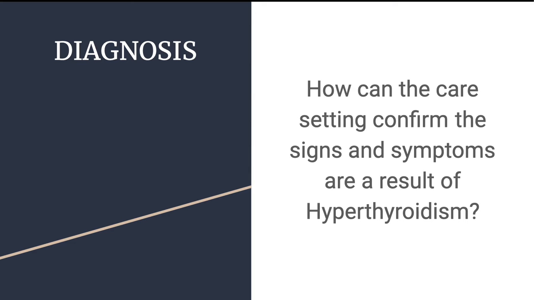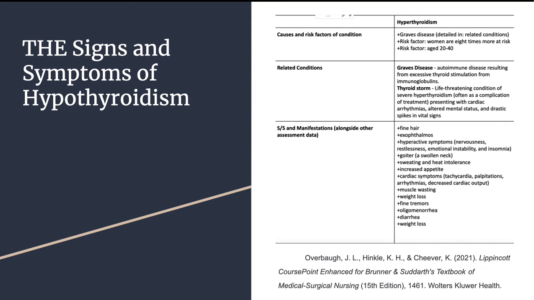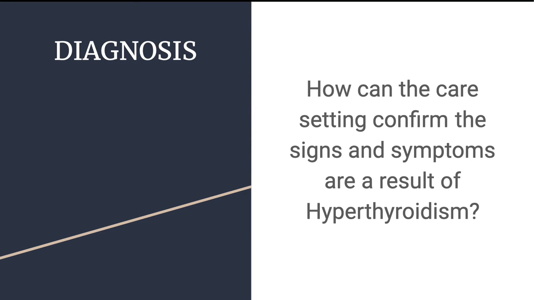Doubleday and Seppel describe the importance of noting increased T4 or decreased serum TSH as a diagnostic for hyperthyroidism. Now, you're not just going to run that lab on anybody, but noting the signs and symptoms of hyperthyroidism will indicate getting those labs drawn. And so diagnosis fundamentally requires a strong understanding of the signs and symptoms to even get to this point.